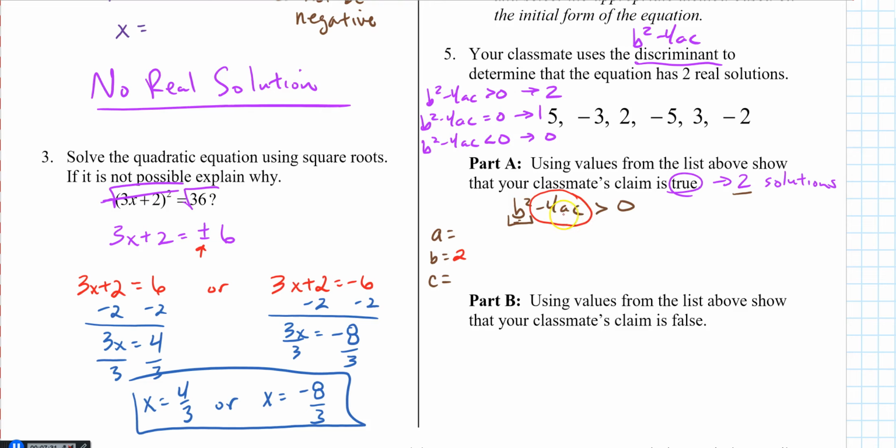If A is positive and I make C negative, then it's going to be negative times a positive times a negative, which would be a positive. Or if I make A negative and C positive, it's going to be a negative times a positive, which is still going to be positive. So I just need to make sure that either A or C is positive and the other one is negative.